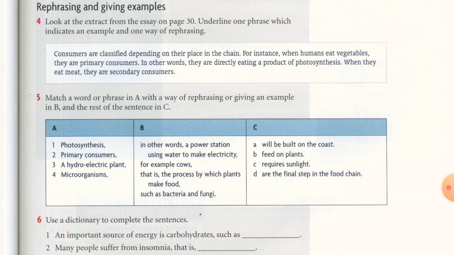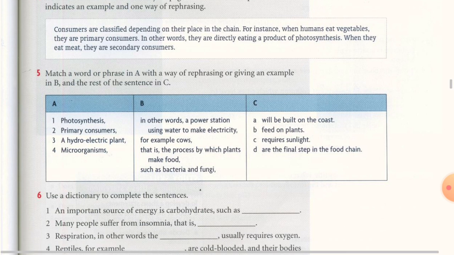The fifth task, you should complete the task individually. A1. Photosynthesis. That is the process by which plants make food, requires sunlight.